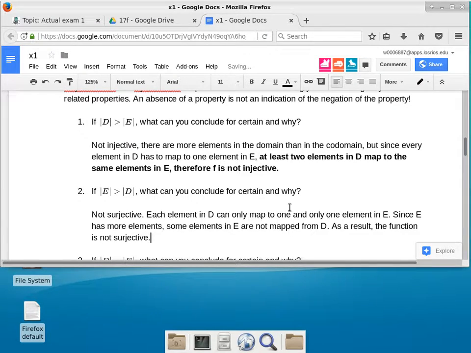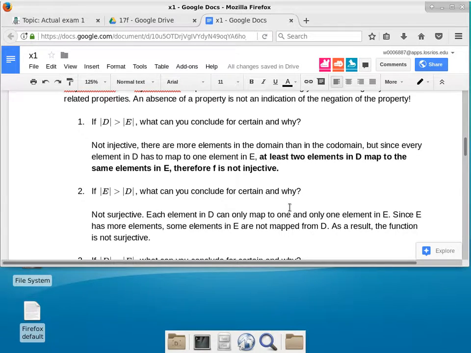There we go. So you have to tie everything back to the definition of what is surjective. Surjective means everything in the codomain is used. But in this case, we're guaranteed that some elements in the codomain cannot be mapped, simply because there are fewer elements in the domain than there are elements in the codomain.